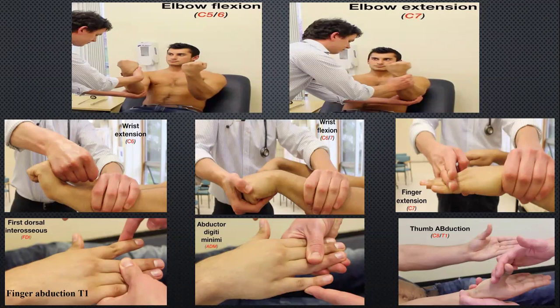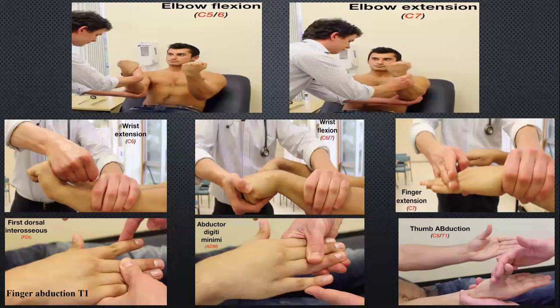Don't let me push your little finger in. So thank you, to check the ulnar nerve. Then put your thumb like that toward the ceiling. Don't let me push the thumb down. I will check for thumb abduction to check the median nerve.